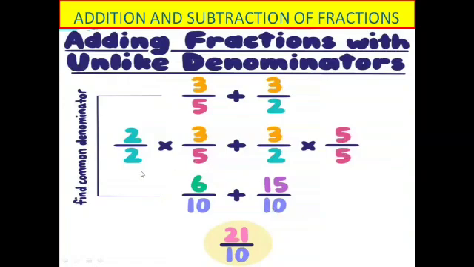Since we are multiplying the denominator by 2, we'll multiply the numerator by the same number. That is why we have used here 2 by 2 and here 5 by 5. So 5 into 2 is 10, and 3 into 2 is 6. So 6 by 10 and 15 by 10 will come out to be 21 upon 10.